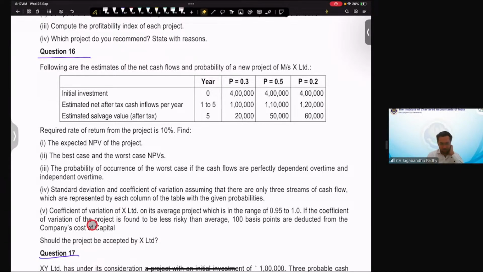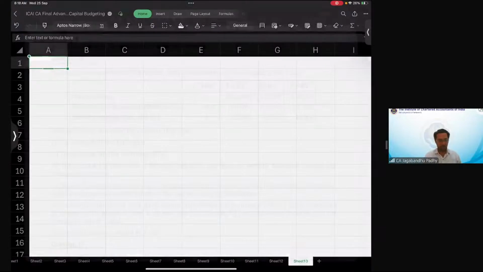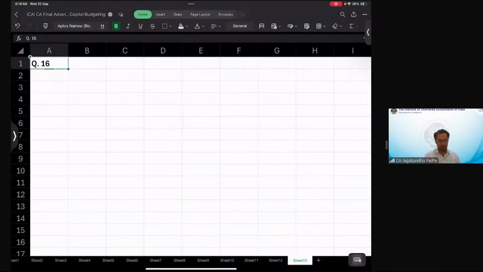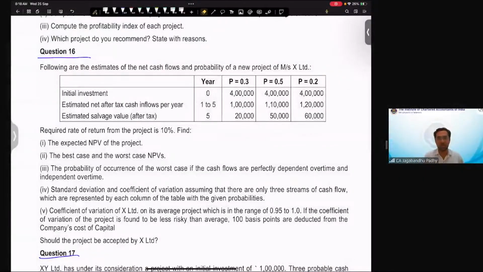Now, first we need to focus on what's the expected NPV of the project. So let me get started. Question number 16. Okay, so question 16, we have an initial investment. Now we want the expected NPV of the project.